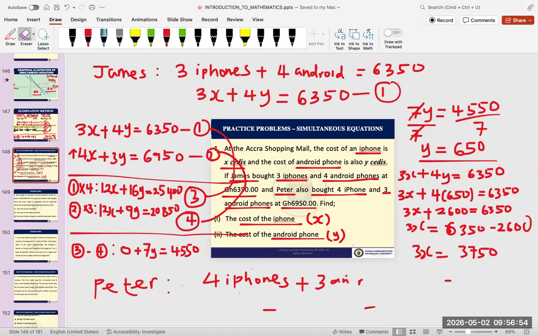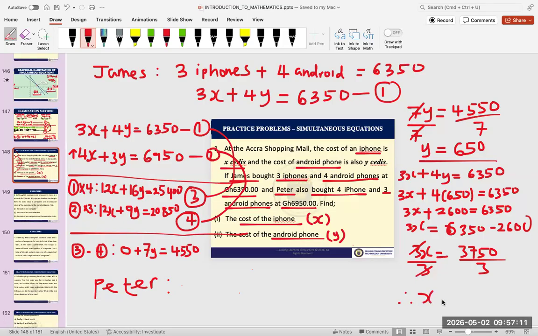So now let's conclude with the x. Finally, x will stand alone, so we divide every side by 3. So this cancels this. Therefore, x is equal to 1,250. That's the answer.